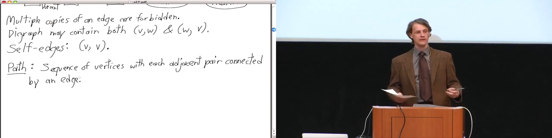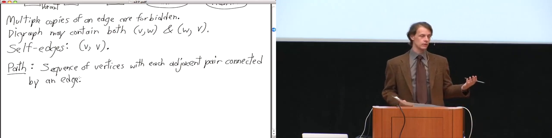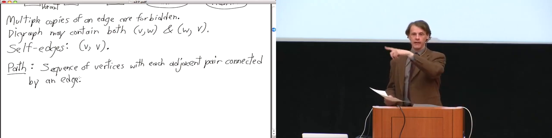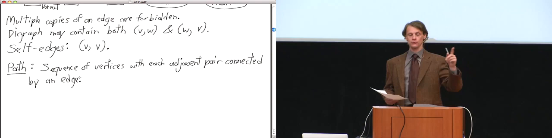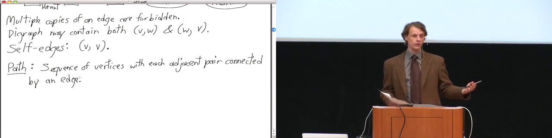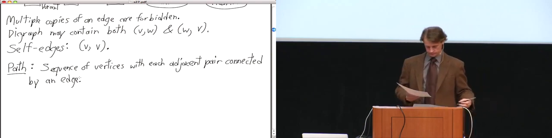And if the graph is directed, there's an additional requirement, which is that the direction of the path has to be aligned with the edges. You cannot go the wrong way down a one-way street.